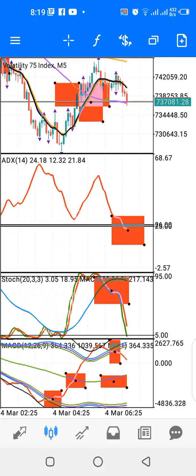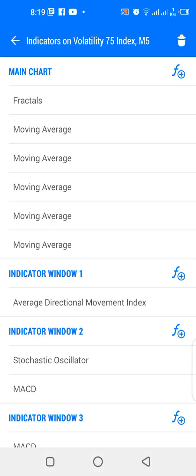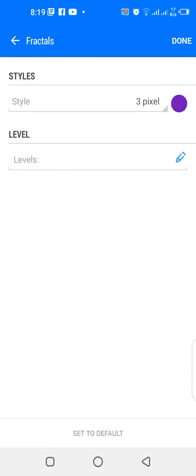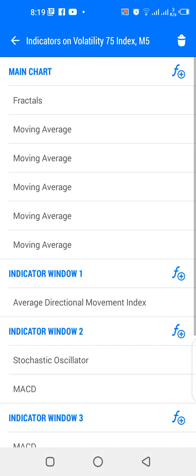All right, so let me go over the indicator settings one more time. For the indicator settings, we have fractals on the main chart. Then we have moving average, 13 period, linear weights, apply to close, purple.